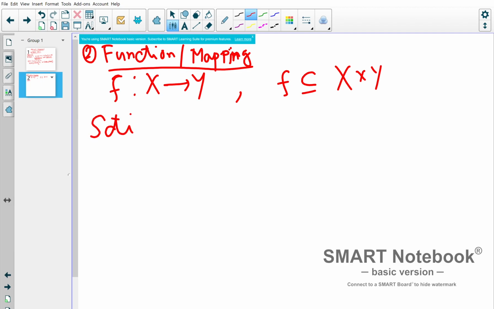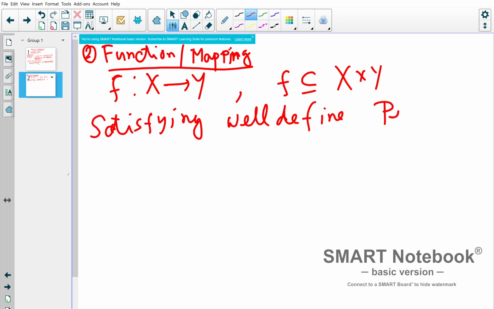and this should satisfy the well-defined property. So what is the well-defined property?